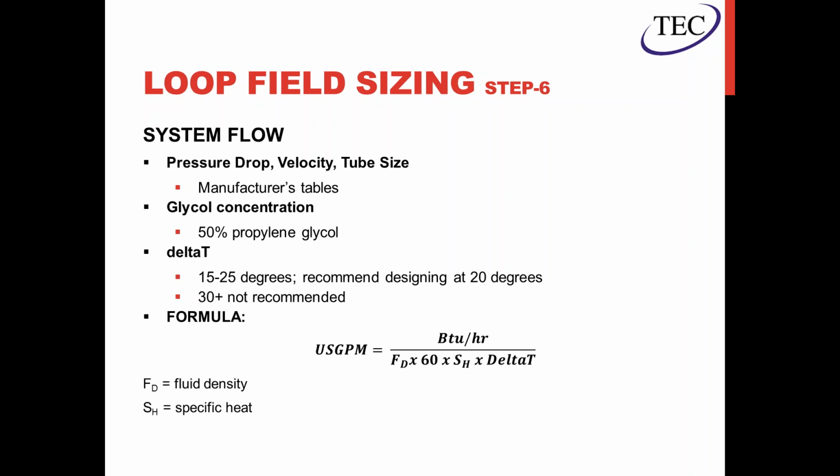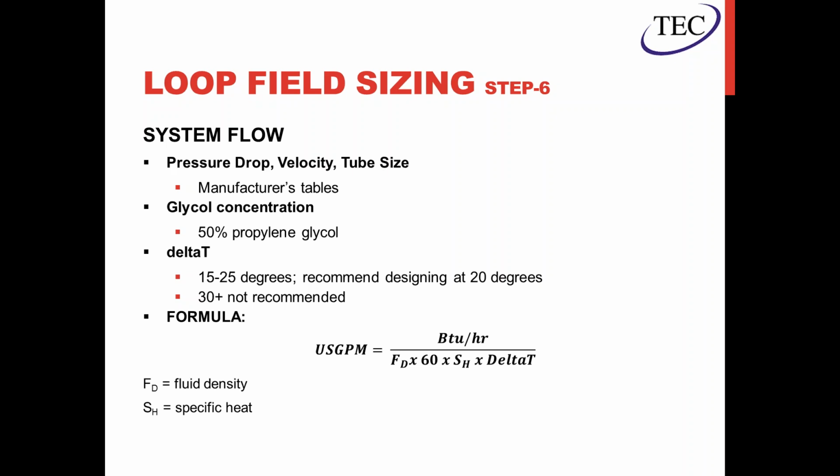I'll give you a couple of guidelines, so hopefully you won't be doing that very often, but at any rate, things that we need to consider here would be glycol concentration and delta T right off the top. We typically recommend designing the system at 20-degree delta T. If you go up to 30 or so, 30 is certainly an acceptable value.